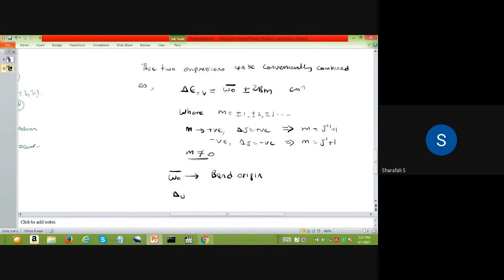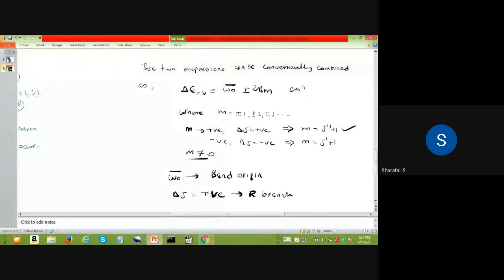And the delta j which is positive, that is corresponding to the R branch.